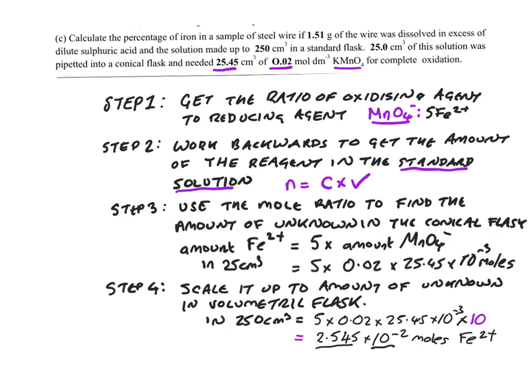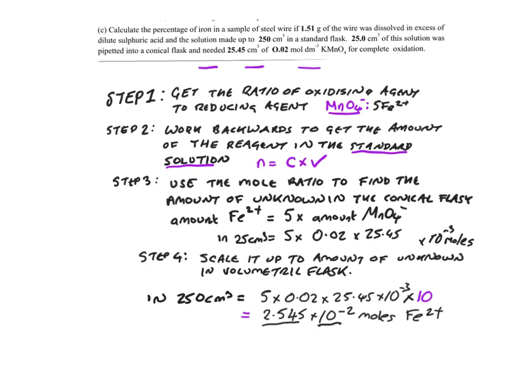All that we need to do now is convert that to a mass. At the start of the booklet, you were told the relative atomic mass of iron, and you were told that the relative atomic mass of iron is equal to 55.9.